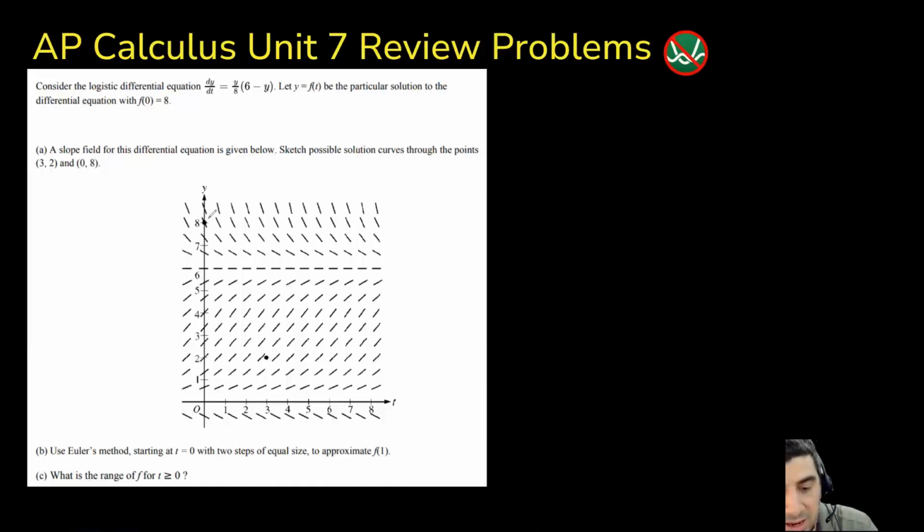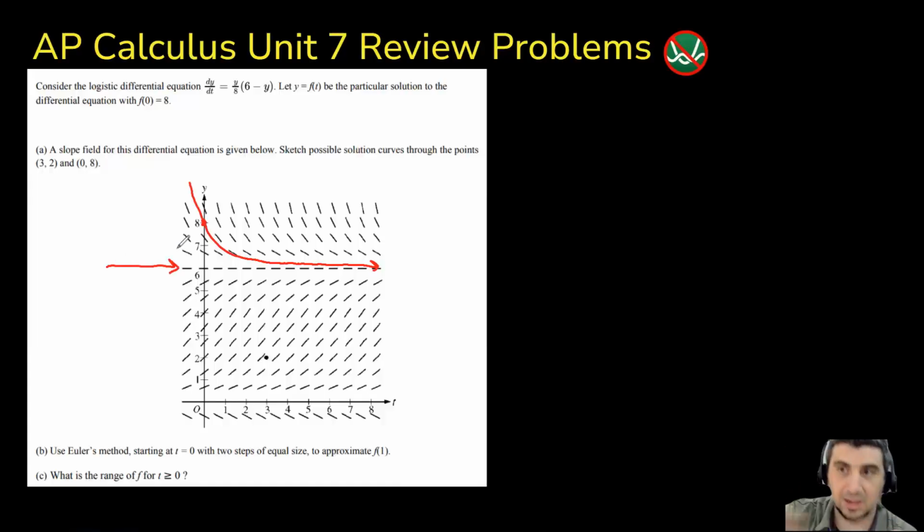So if we have 0, 8 here, remember to draw the solution curve, you want to follow the direction of the tick mark and make your curve go parallel to the tick marks around it. So it's going to come down and pretty quickly level off here. Okay, this horizontal line of tick marks of slope 0 means it's going to level off there. It's a horizontal asymptote.